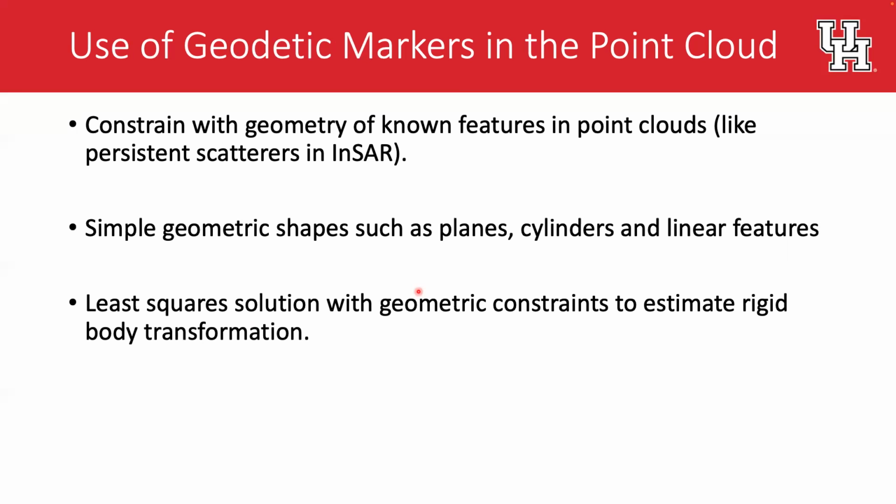The reason we want to use simple geometry is because we can train machine learning algorithms or consensus estimate algorithms to find planes, cylinders, and linear features in the lidar point cloud automatically. And then we can use those geometric constraints in some sort of least squares solution to hopefully improve our rigid body estimation of deformation. And so that was really the three lines that were the motivation for Sean's dissertation work.